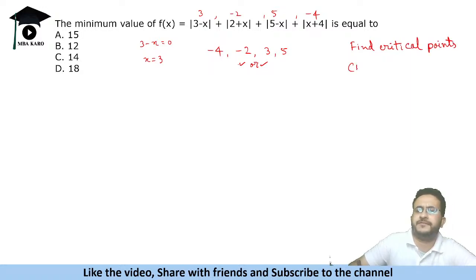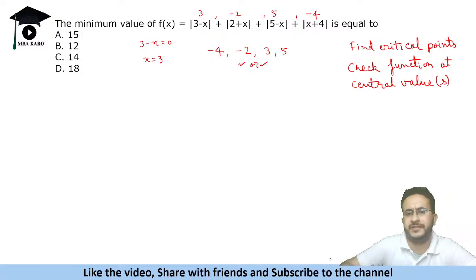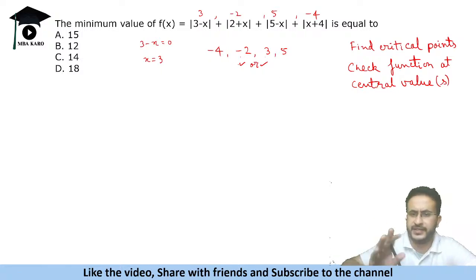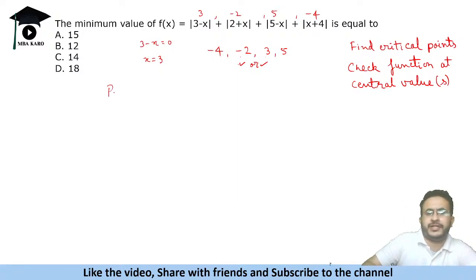Then check function at the central value. And in this case, if there are even number of terms, you can check at these two. You can check at minus 2 also or 3 also. So let us put x equal to 3.